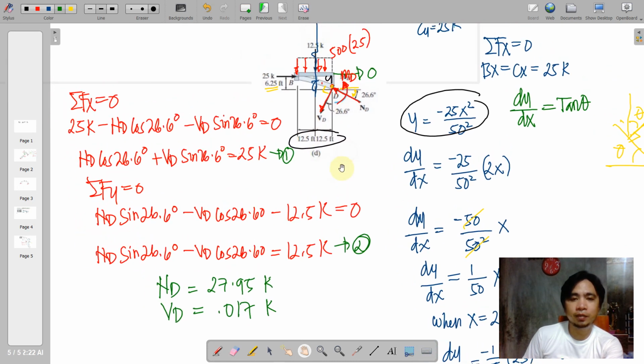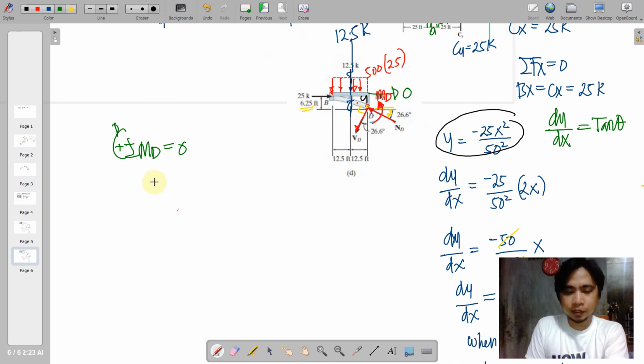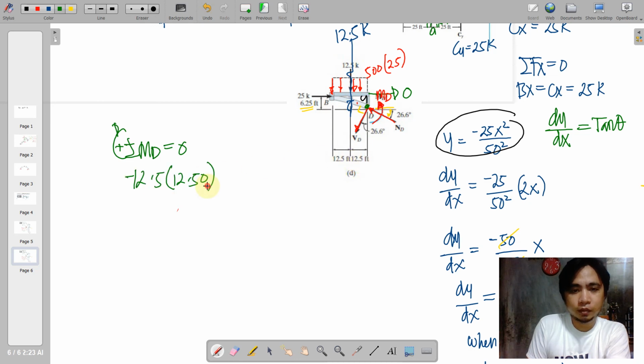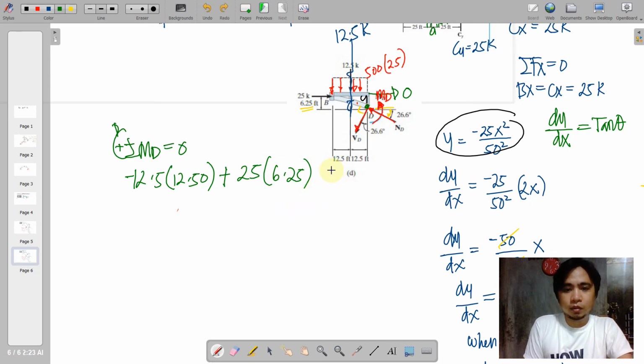So doing that, we have summation of moments at D equal to 0. So at this point, we consider here 12.5 kips times 12.5 feet, and that is actually a negative rotation, plus this one, 25 kips times 6.25. So this will be equal, we deduct MD or the couple at D and equate it to 0.